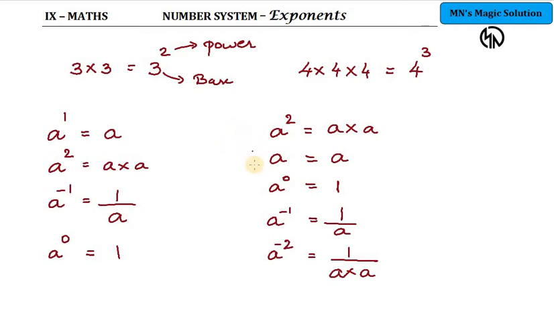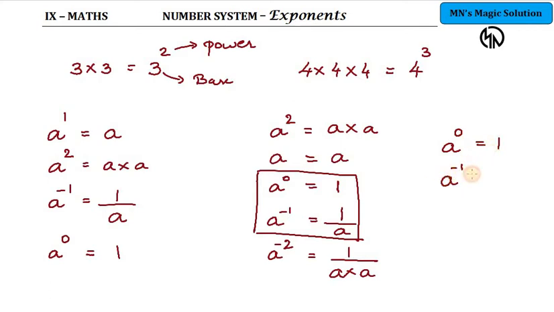So you can frame this as a formula. These two things are important formulas relevant to exponents. Anything to the power of 0 is equal to 1, and anything raised to the power of minus 1 is equal to the inverse of that number. So in the next level, if we take a power minus m, I can write it as a power m to the whole power of minus 1.